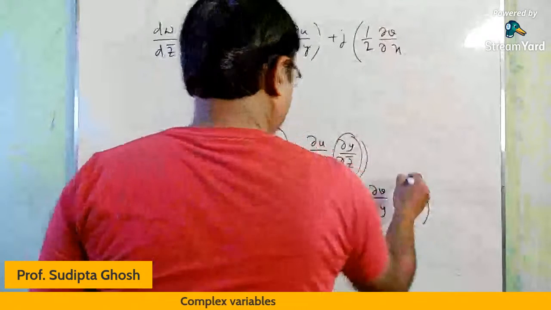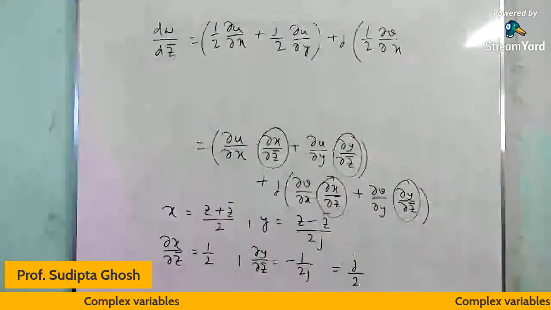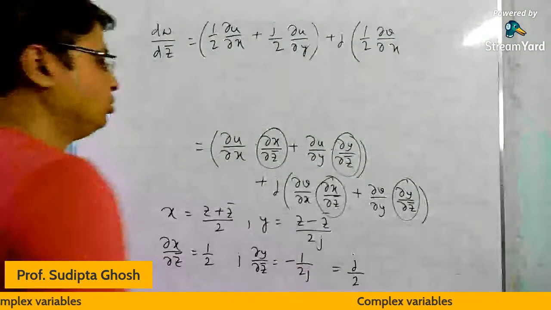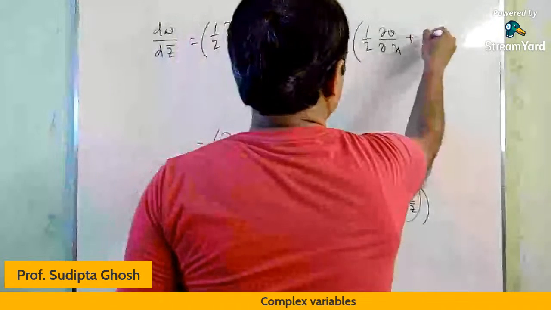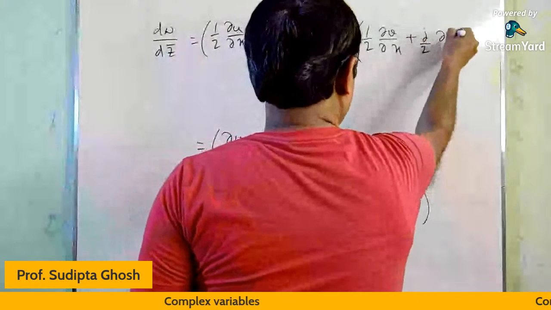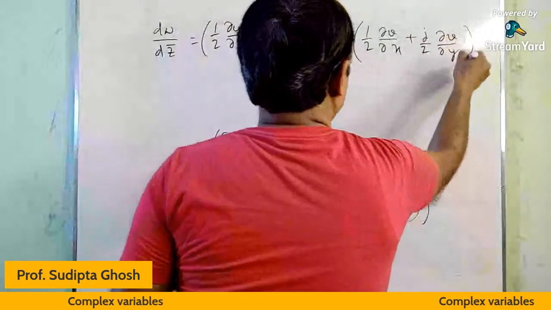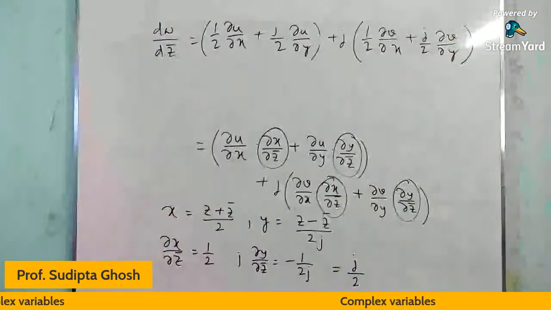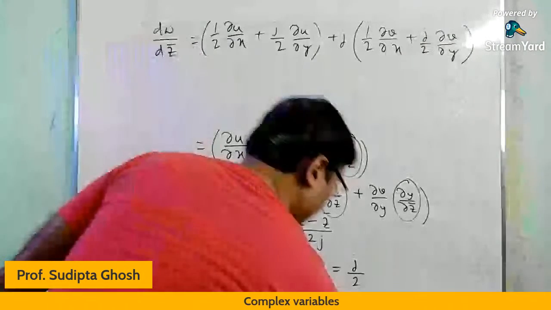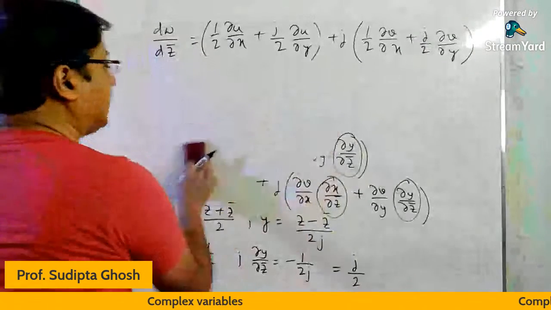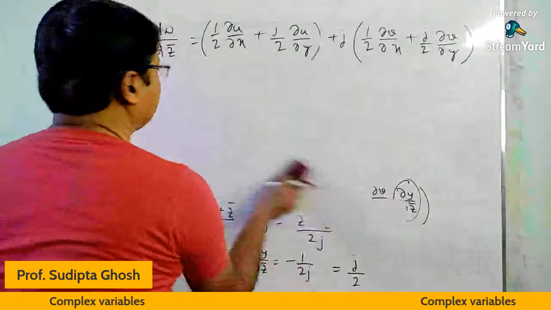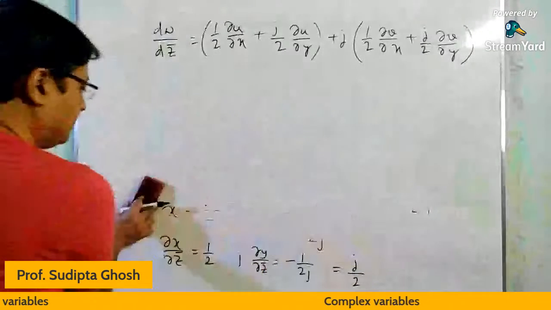And then again putting the value of ∂y/∂z bar as j by 2, that is plus j by 2 into ∂v/∂y. So after substituting the values of ∂x/∂z bar and ∂y/∂z bar in the expression of dW/dz bar, we obtain this.